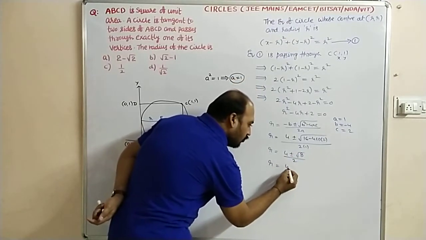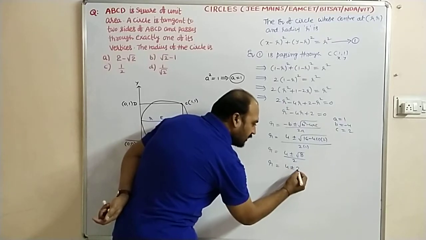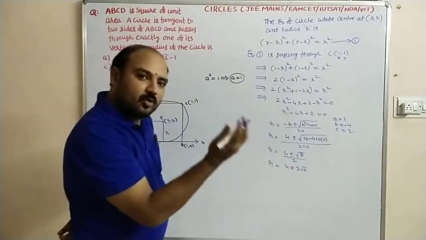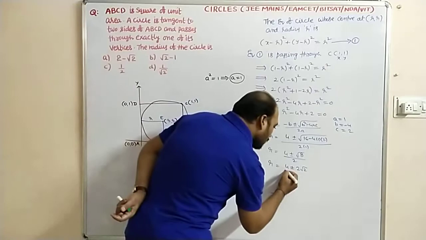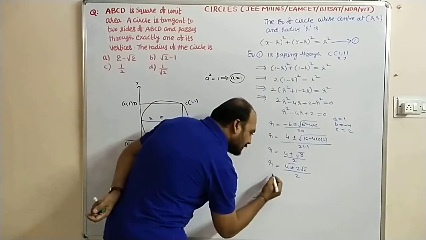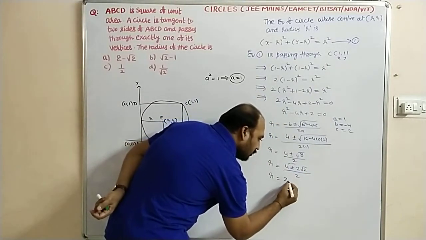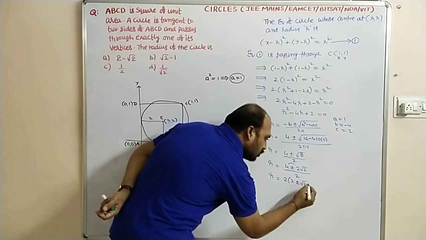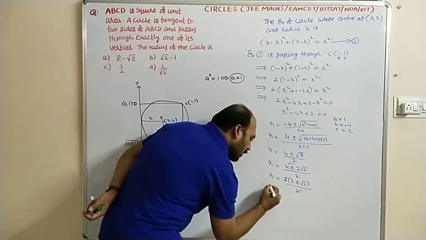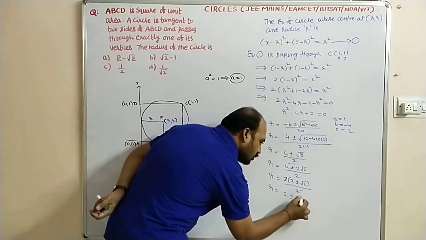Root 8 can be written as 2 root 2, taking 4 outside the root. Taking 2 common and cancelling, r equal to 2 plus or minus root 2.